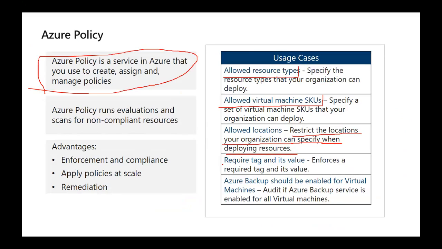In the same way, we can require a tag and its value, and we can establish if we want to create a backup of these resources, Azure Backup. So what happens if one of our virtual machines, for a certain reason, is down and we need to take it back?